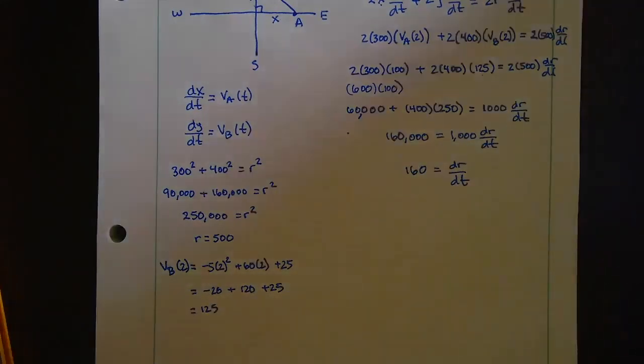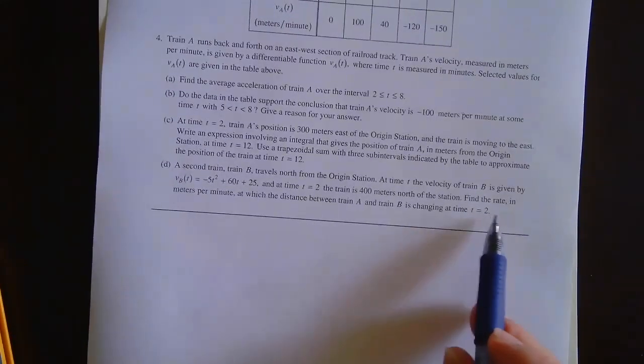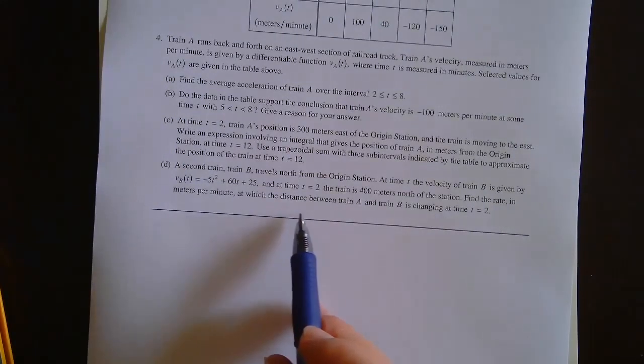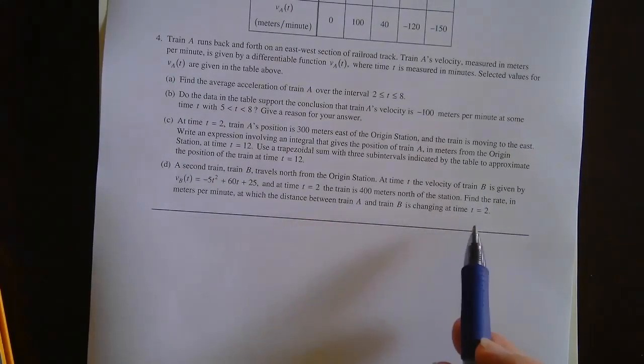All right, so the original question is this, okay? Find the rate in meters per minute at which the distance between train A and train B is changing at t equals 2.